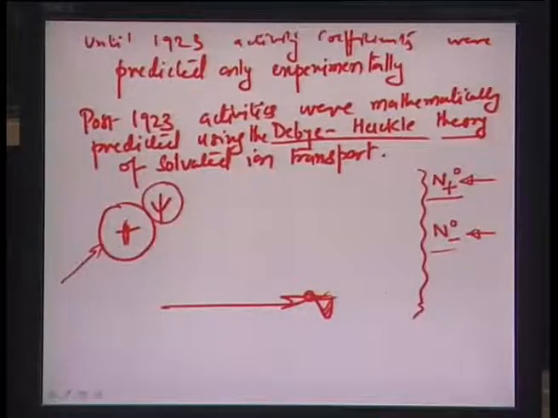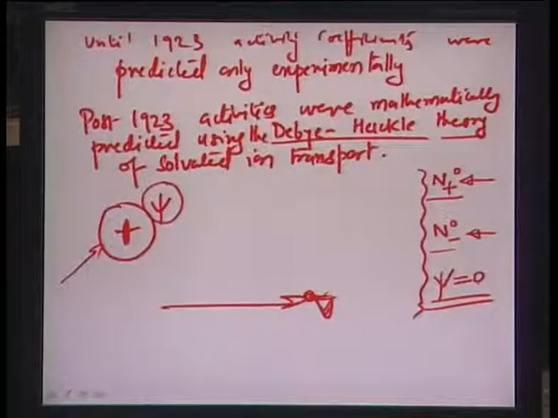So, we want to find out the amount of work that would be done in order to transfer a small amount of charge from infinity to this point here which has a potential phi, and as you know we can safely assume that potential is inversely related to distance. So, therefore, at infinity the potential is 0. Okay. So, there is no potential due to this positive ion of interest at a distance infinity from it. Okay.